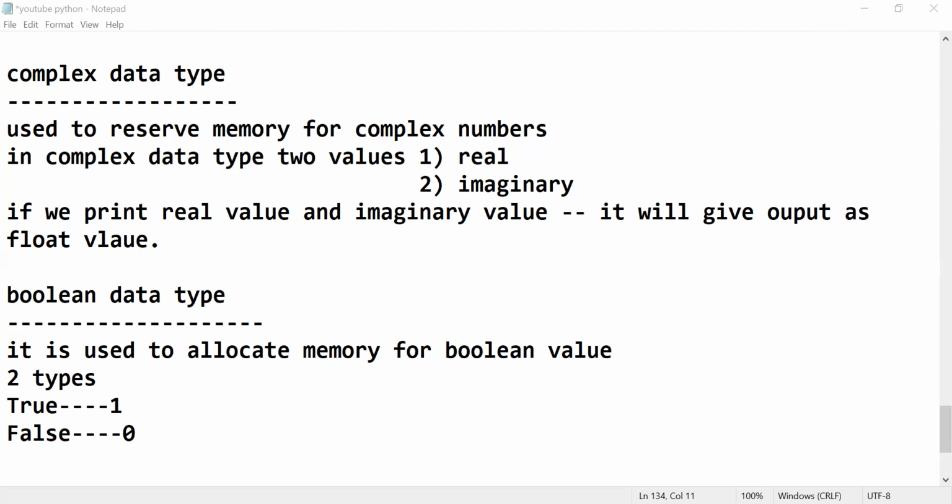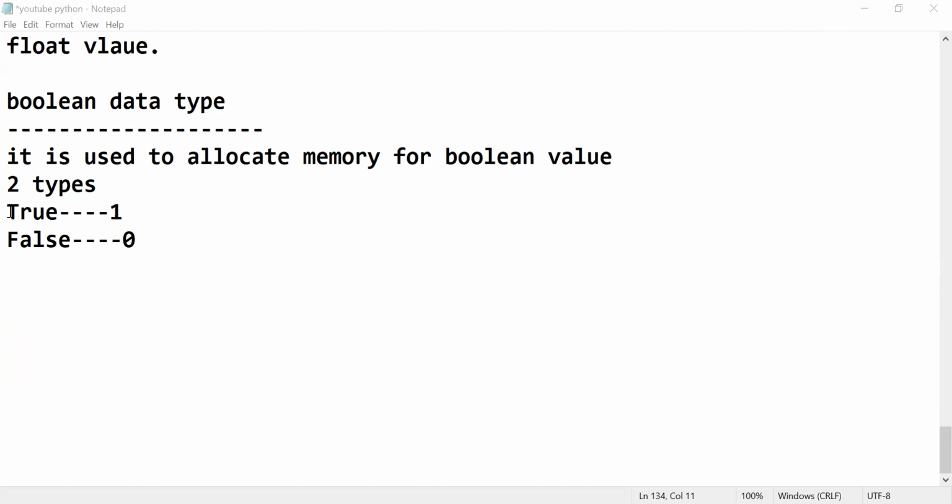The type of c is Boolean. That is about the Boolean data type, guys. We only represent it as true and false.